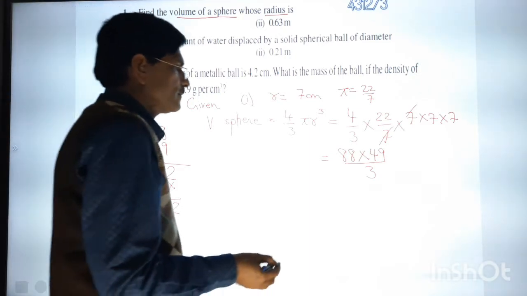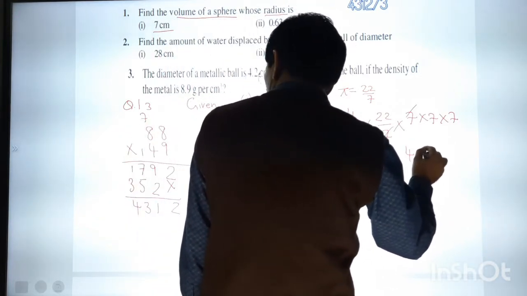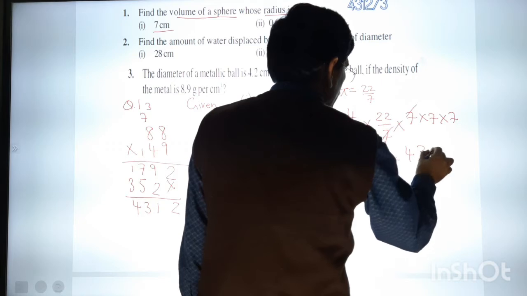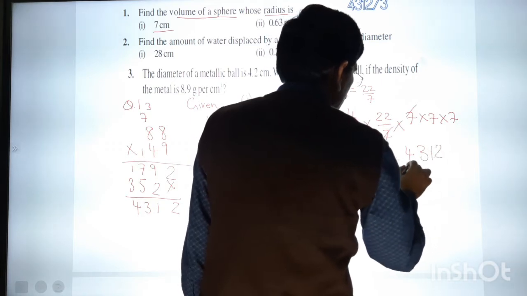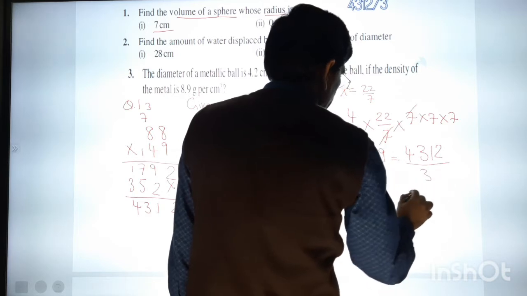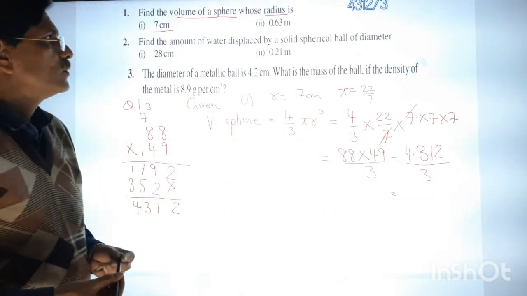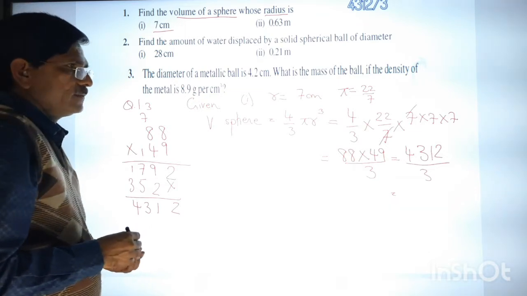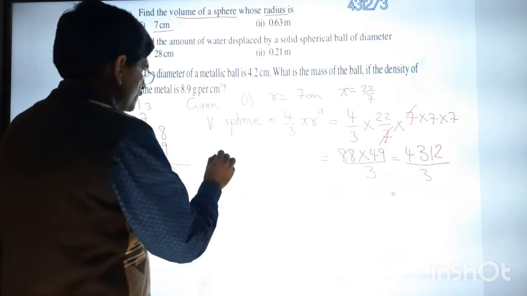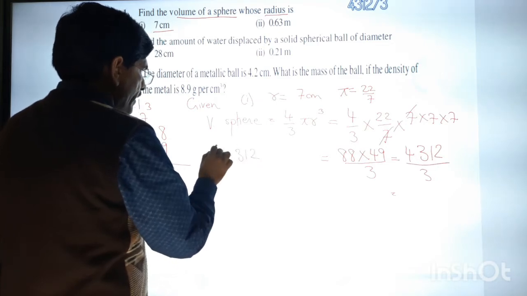So the answer is 4312 and then divided by 3. Now 4312 divided by 3.